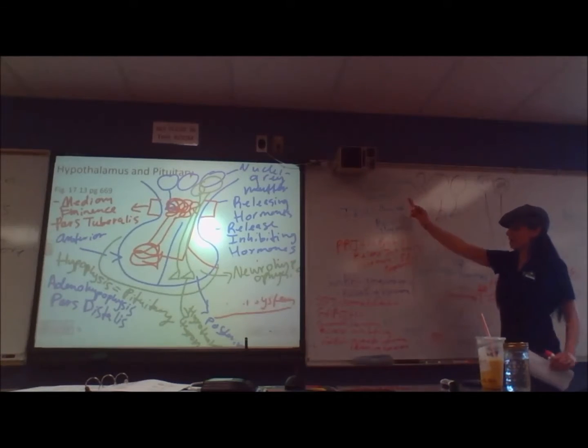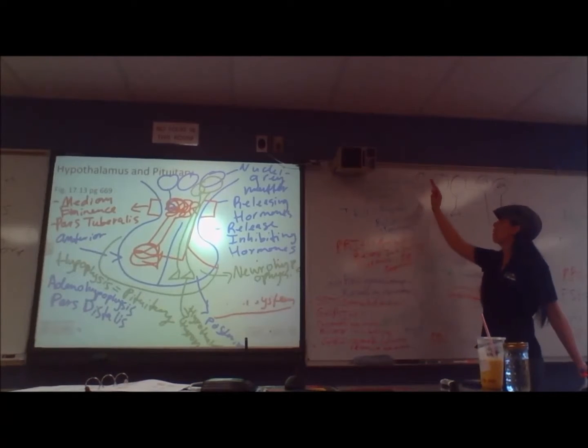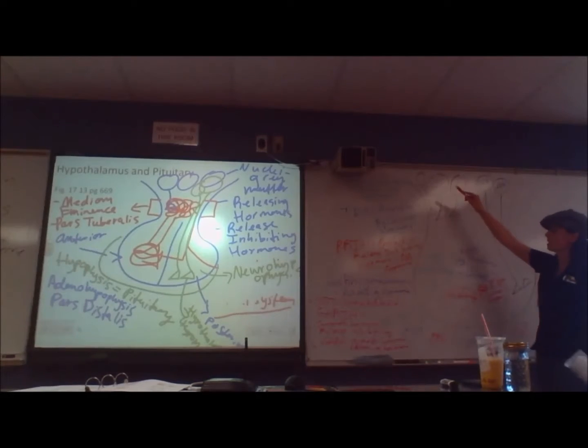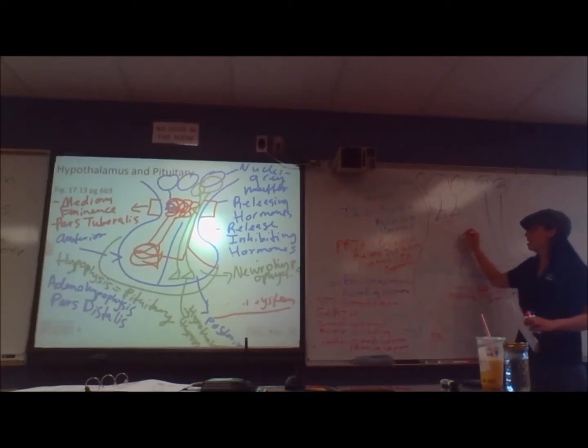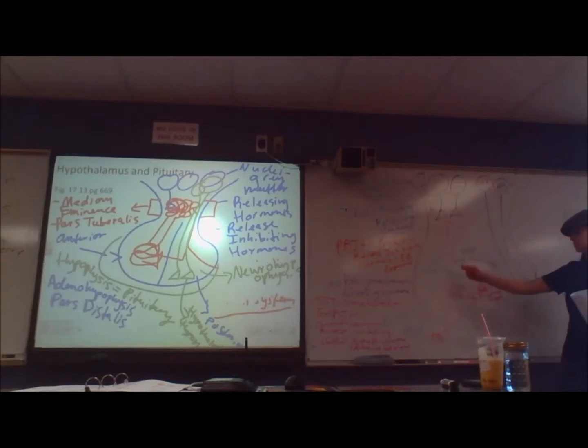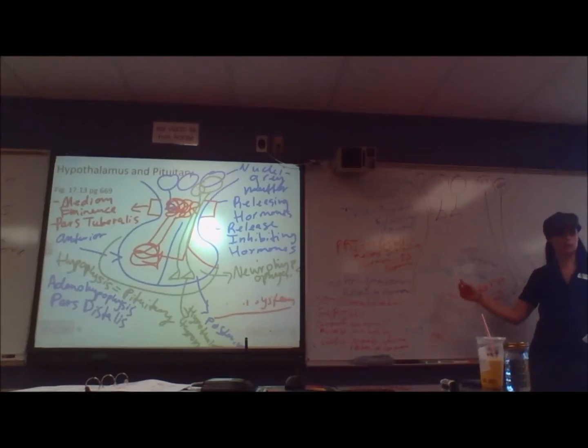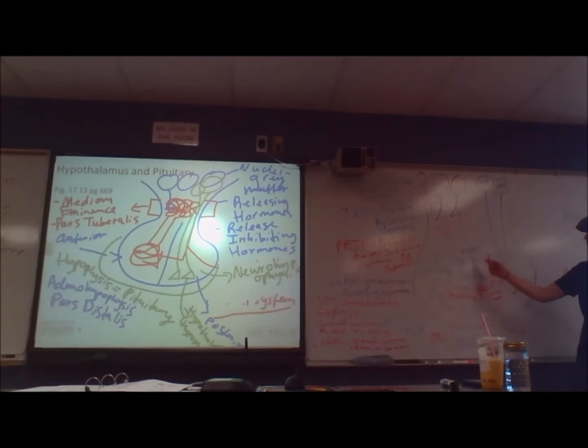So over here on the left, we've got all of our release and release inhibiting hormones that are coming from the hypothalamus and being released into that primary plexus. They can then travel down through the hypothalamo-hypophyseal portal system and pool around cells in the anterior pituitary. Only the cells with receptors for a specific releasing hormone or release inhibiting hormone will respond. And then they will respond by releasing their trophic hormone.